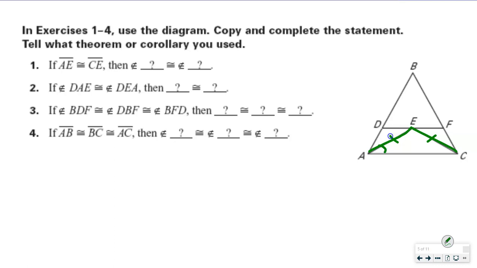Then with the base angles theorem, we know that the angle there at A and the angle there at C are congruent. But since there's multiple angles at those vertices, we need to use 3 letters to name them.